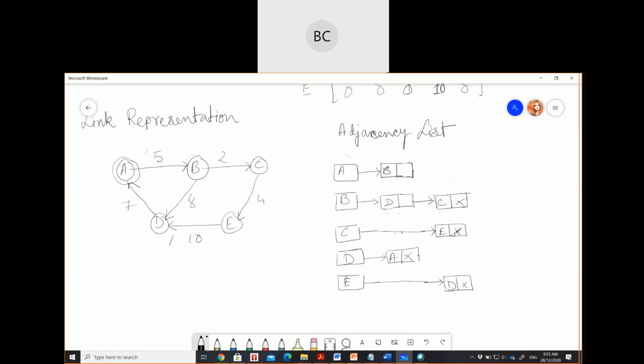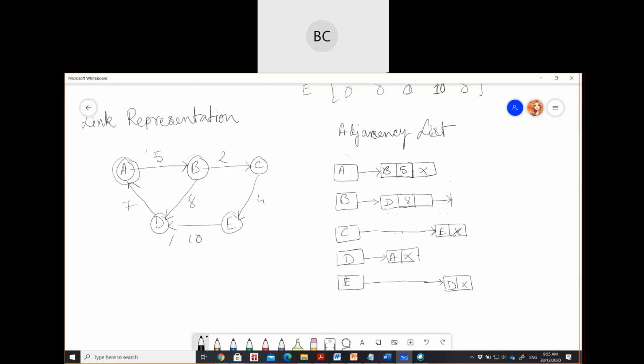From A, you can go to B, and the cost for that particular edge is 5. So you have to also write the cost for that edge. Now from B to D it's 8.